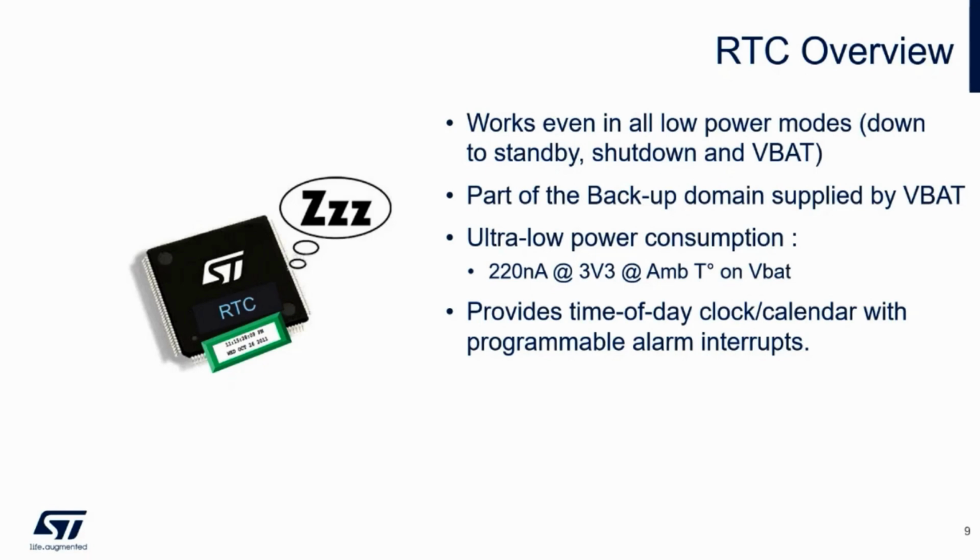So if you switch off the VCC and you keep the power on VBAT, the RTC will continue to be clocked. It has an ultra low power consumption, and I put here the figure from the datasheet: 220 nanoamps. It can provide the classical RTC information, so time of day, calendar, and you can also have programmable alarms and interrupts.